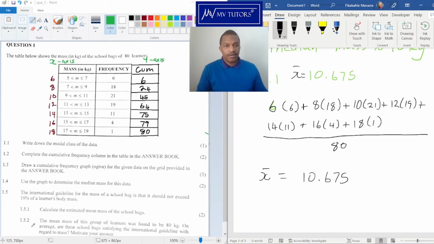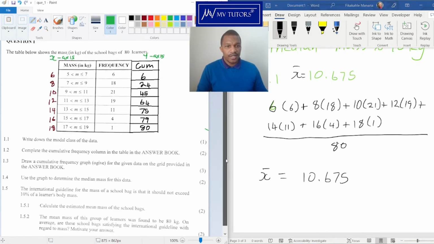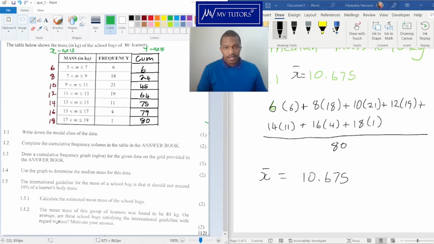So now the question on this side says the mean mass of the group of learners was found to be 80 kg. On average, are these school bags satisfying the international guideline with regard to the mass?